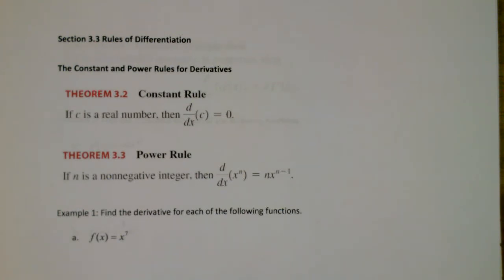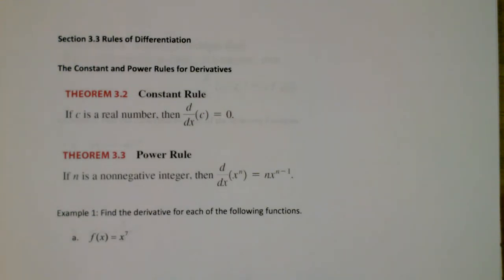Okay, so we're going to begin with the constant and power rules for derivatives, and this one is quite simple, where if you have the derivative of a constant and that constant is a real number, it's automatically going to be 0. The derivative of a constant will be 0. So if I wanted to find the derivative of 100, 100 is a constant, so the derivative of 100 would just simply be 0.